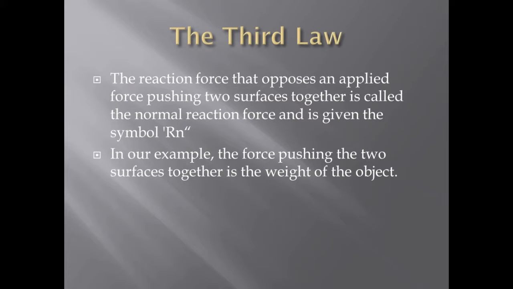The reaction force that opposes an applied force pushing two surfaces together is called the normal reaction force and is given the symbol Rn. In our example, the force pushing the two surfaces together is the weight of the object.